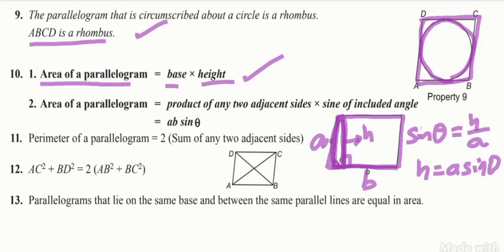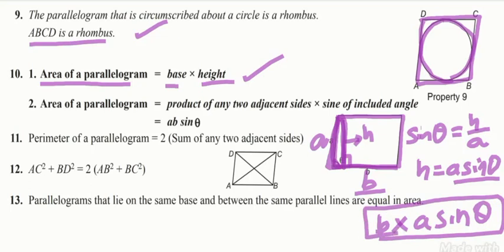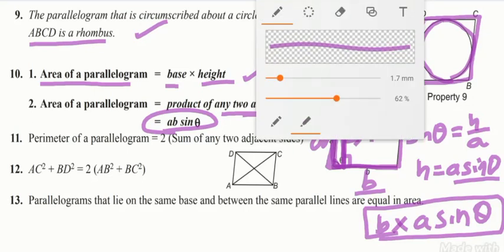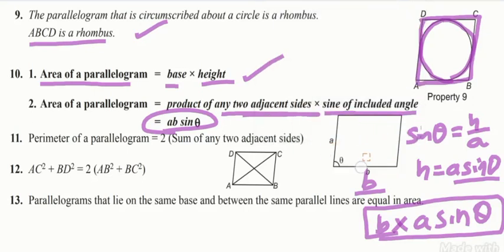They said base into height, so base is b and height is a sin theta. So finally ab sin theta is one more formula you can remember: product of any two adjacent sides and the sine of the angle. This is also very important. ab sin theta.